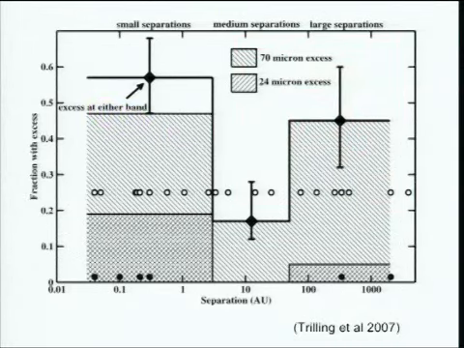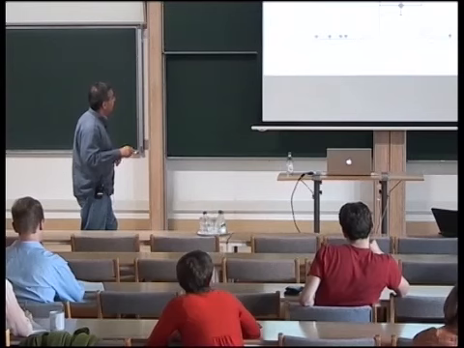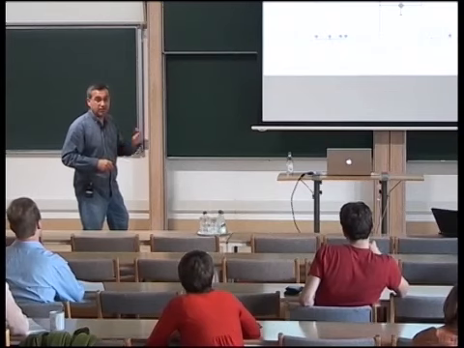This is another observation that Trilling et al. did with the Spitzer telescope. What they're showing here is the percentage of binaries that have a disk around one component or circumbinary. The observation was through 7 micron excess or 24 micron excess. This is the excess because of the dust. For instance, look at the 7 micron one. It says that for binaries smaller than 1 AU separation or maybe 5 AU separation, about 47% have disks around one component.